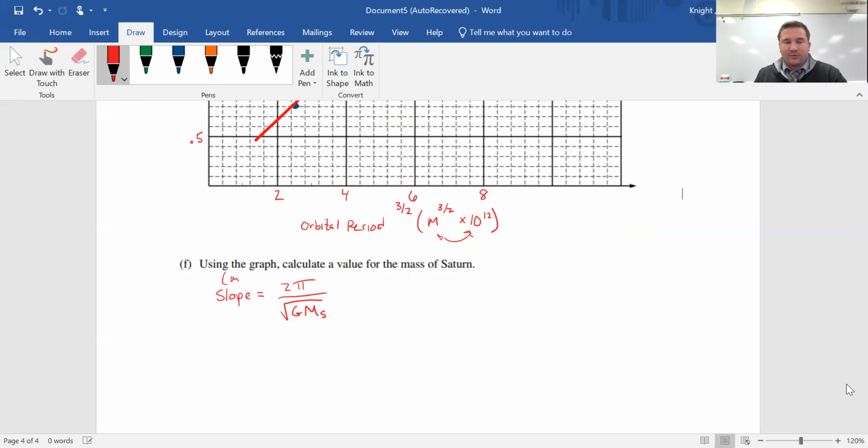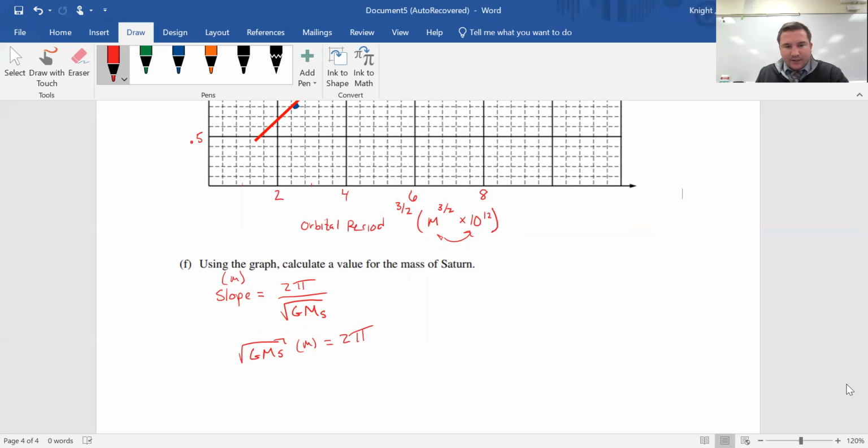We'll just call this slope M, so I can solve for the mass of Saturn here. So we will multiply that up. We'll get root GMS times the slope M. I probably shouldn't be using M, but that's what slope is usually abbreviated. Equals 2 pi.